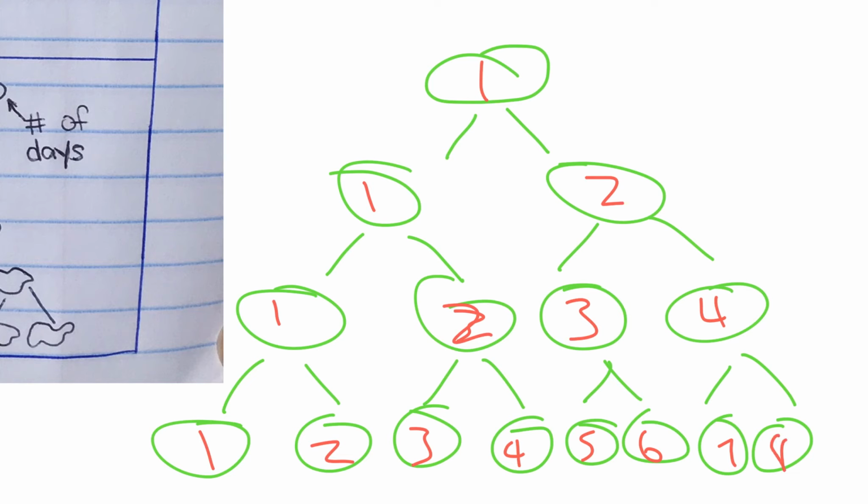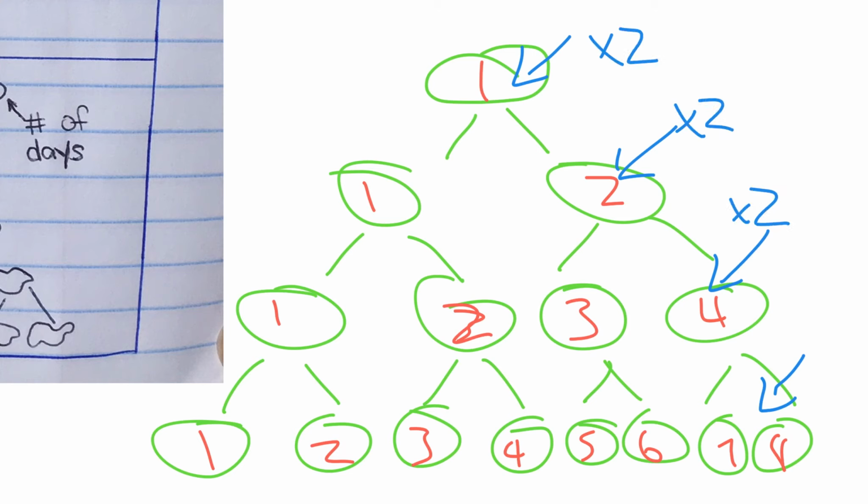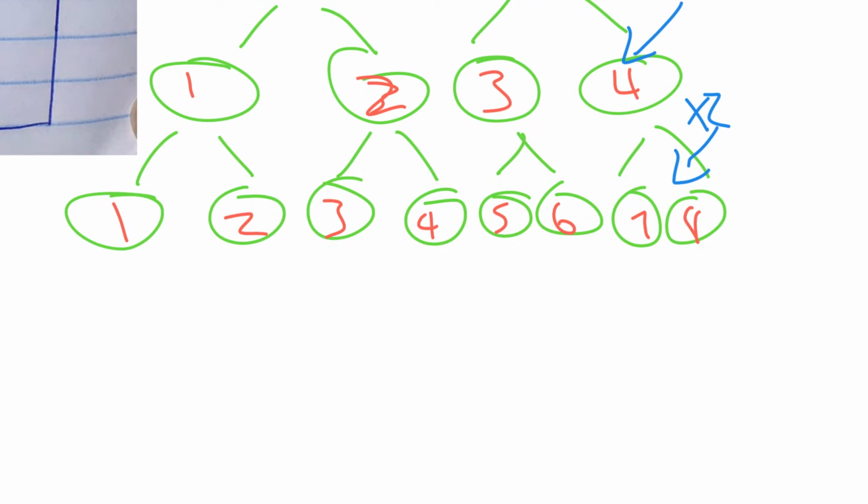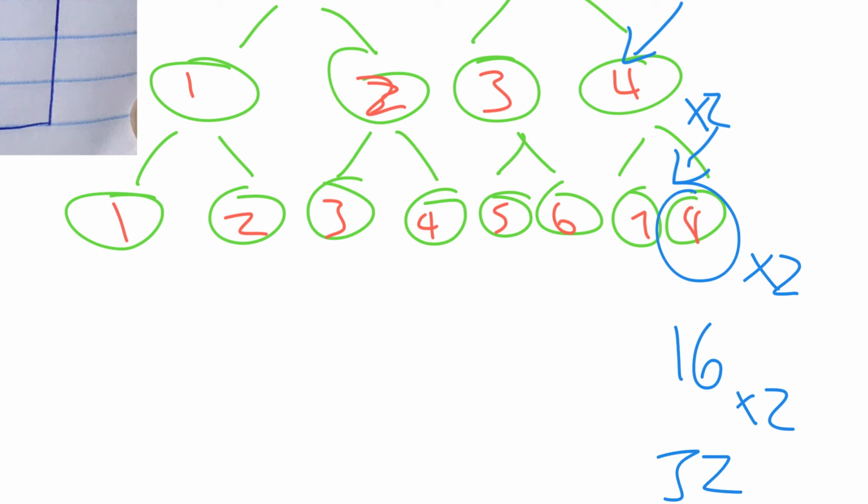So if you notice, these numbers on the outside, 1 multiplied by 2 is 2, 2 multiplied by 2 is 4, 4 multiplied by 2 is 8. So we are exponentially growing by 2's each time. So if you notice, the next one on the following day would be this 8 times 2, which would give us 16. The following day, we multiply that by 2, which gives us 32.